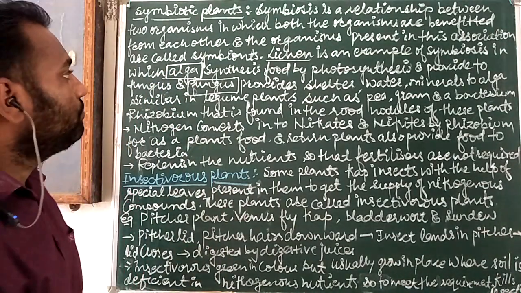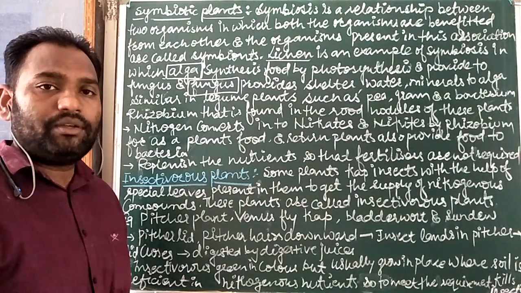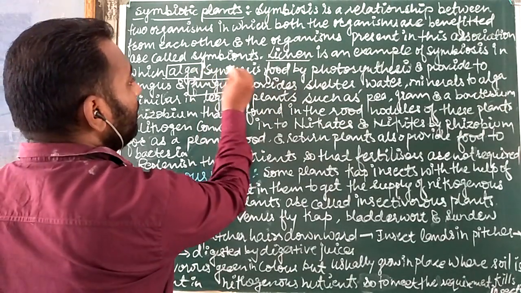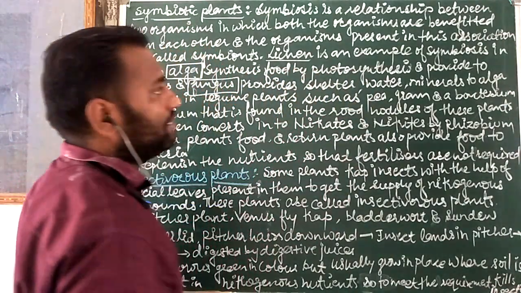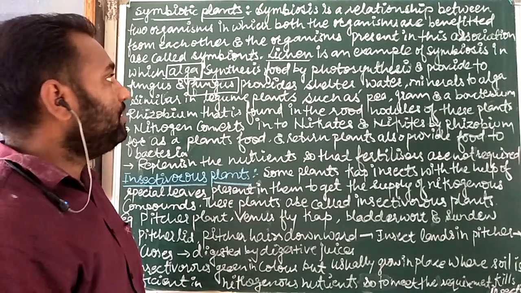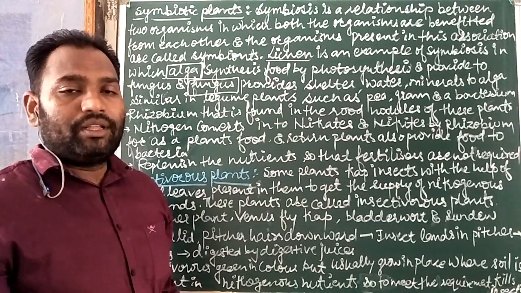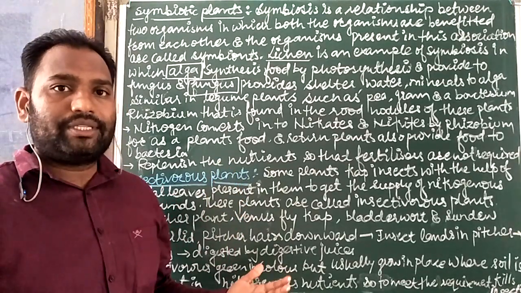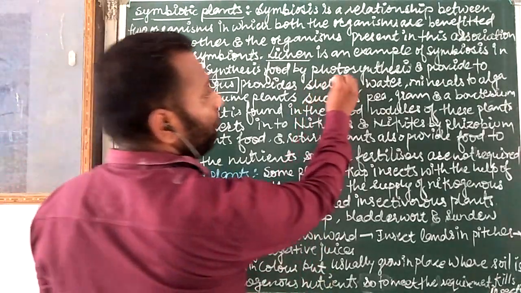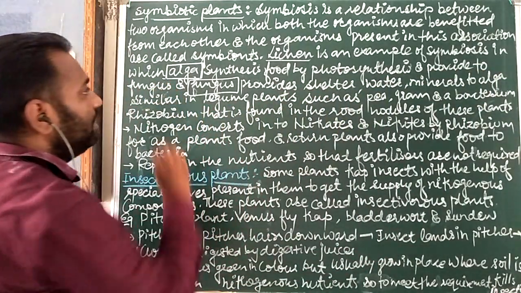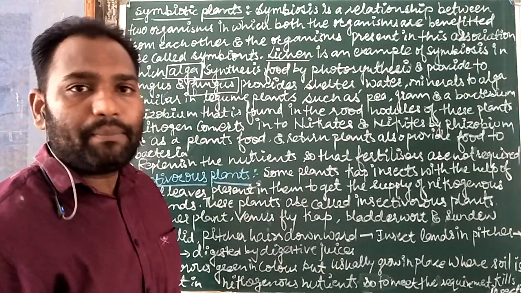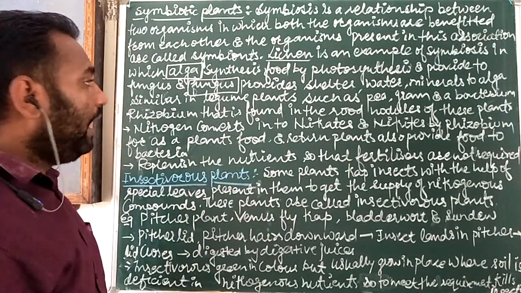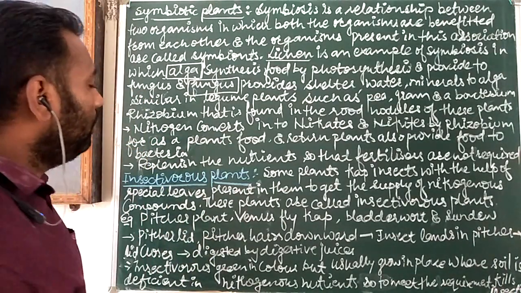Understood? So what are their functions in the symbiosis? Alga synthesizes food by photosynthesis. Algae are generally green in color and can perform photosynthesis. So alga prepares food with the help of photosynthesis and gives it to the fungus for its nourishment. And in return, what does the fungus give?